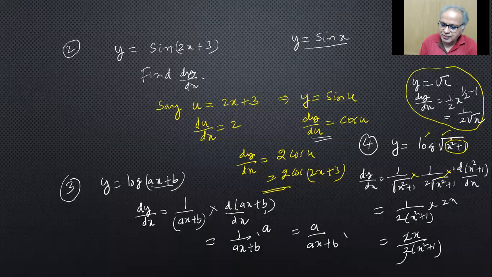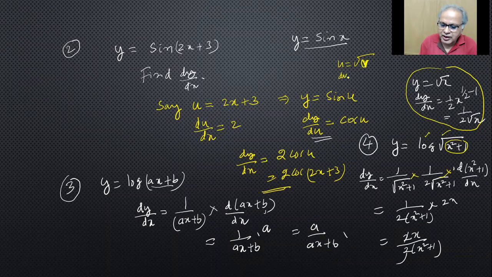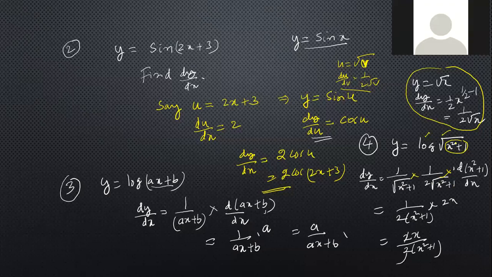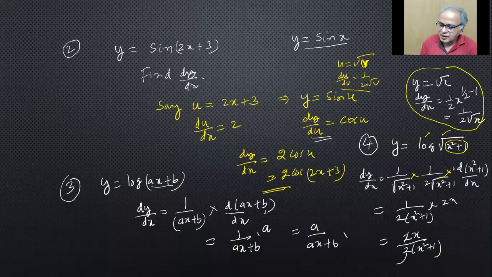If I take it as separate functions, for example u equals root of x square, root x function, root of v, du by dv will be what? 1 by 2 root v, like we did here. This root is one more function. We're not recognizing the function. Power half into x square plus 1 to the power half minus 1. In the place of x, I'm getting x square plus 1.